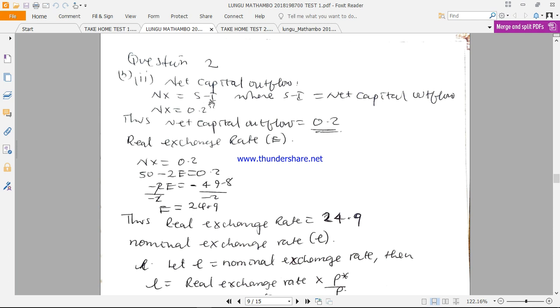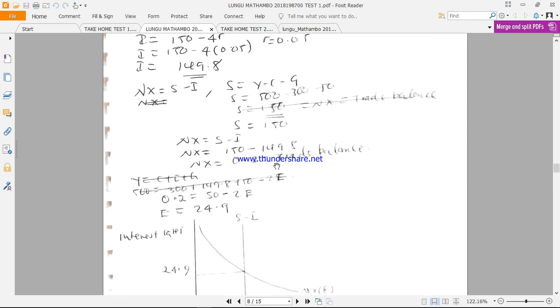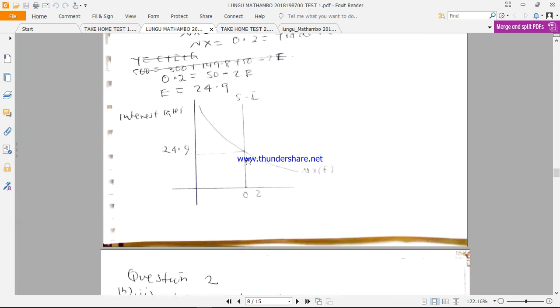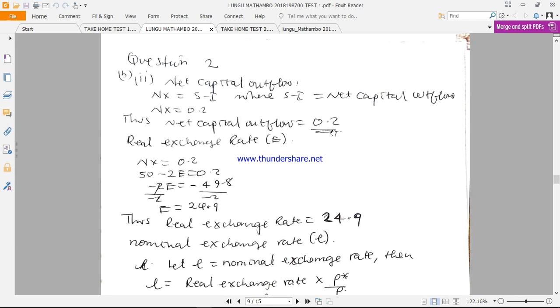We found this on top, 0.2. Our savings was 150 and our investment level was 149.8. The difference is just 0.2. So that is giving us the net capital outflow. And if this is equal to net capital outflow, then net export is equal to 0.2. Using our net export function, we can then get the real exchange rate, which is 24.9.